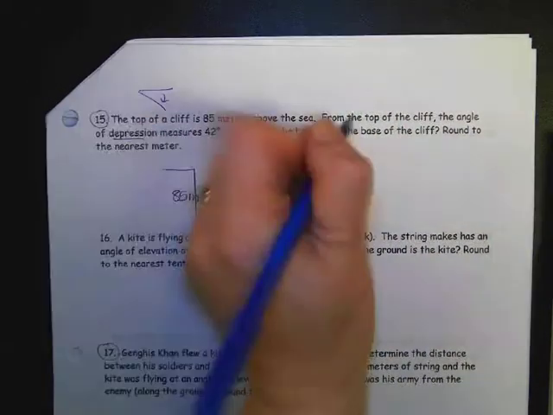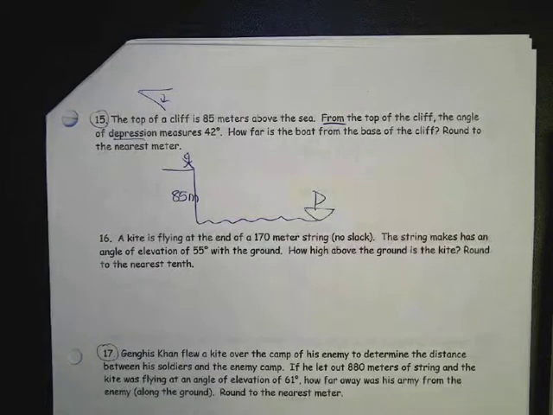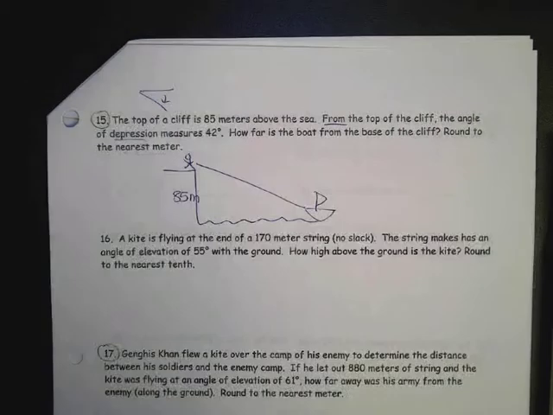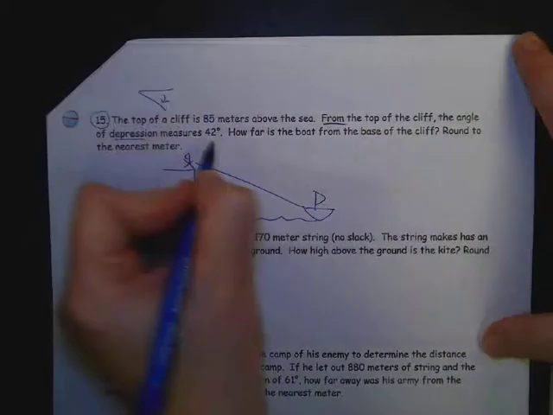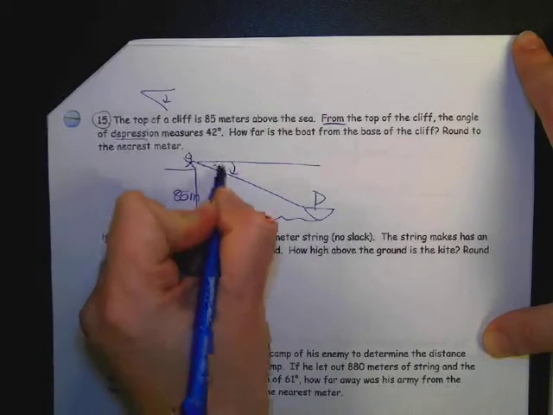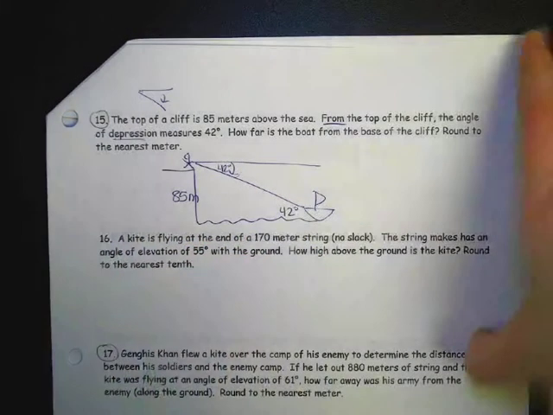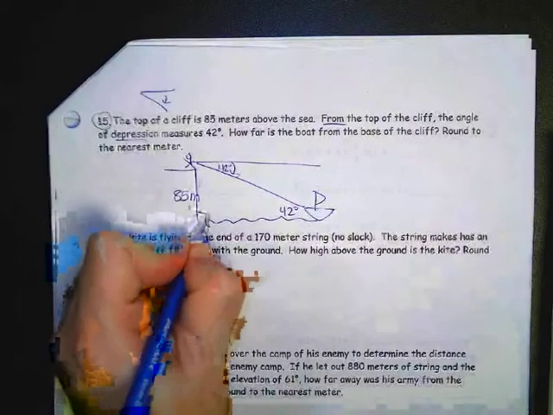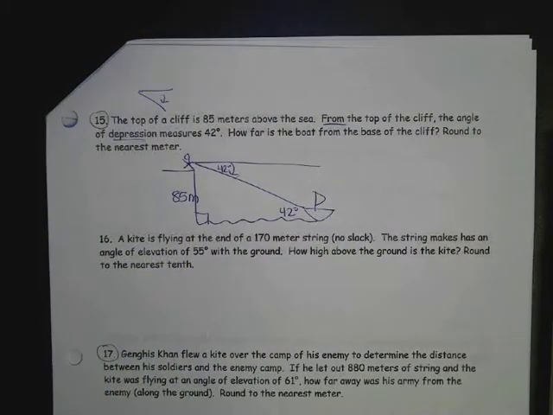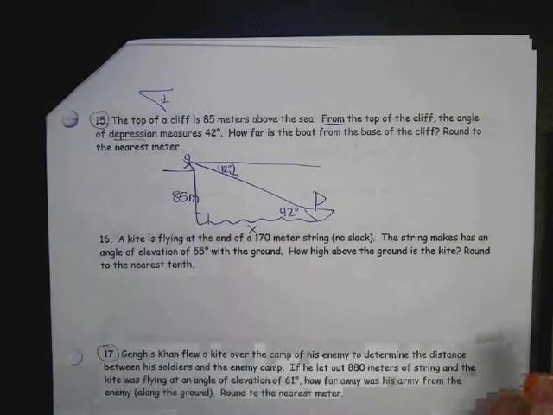And since I'm measuring from the top of the cliff, I'm picturing that I'm up here on top of the cliff, sighting the boat. So the angle of depression from my regular line of sight down to the boat is 42 degrees. And remember, that's the same as the angle at the boat. And I have a right angle there. How far is the boat from the base of the cliff? Here's the base of the cliff, here's the boat, so X goes along that bottom side of our triangle.